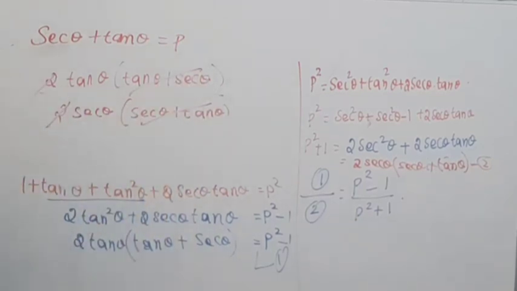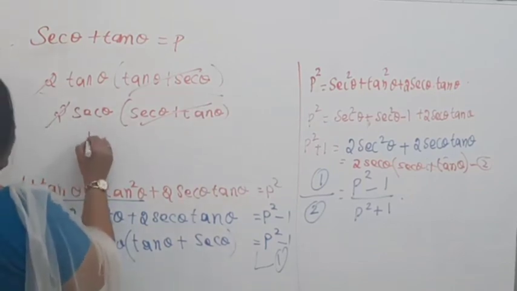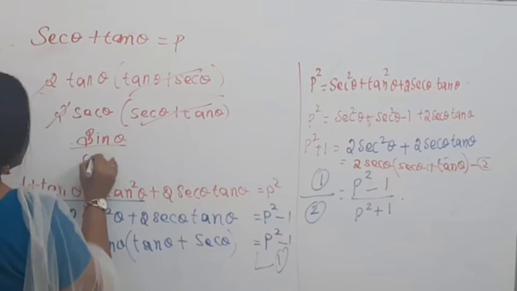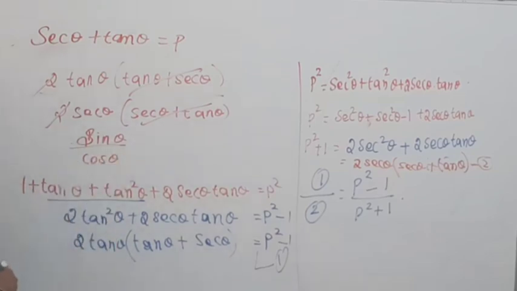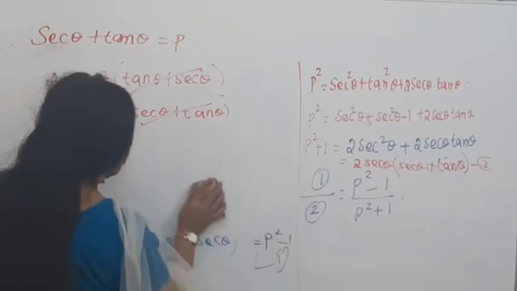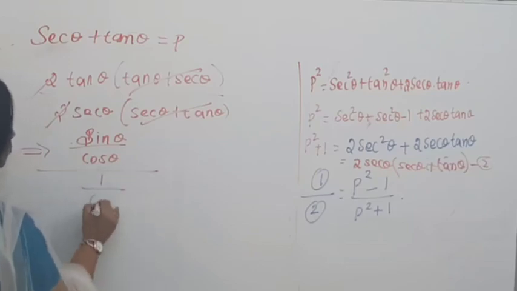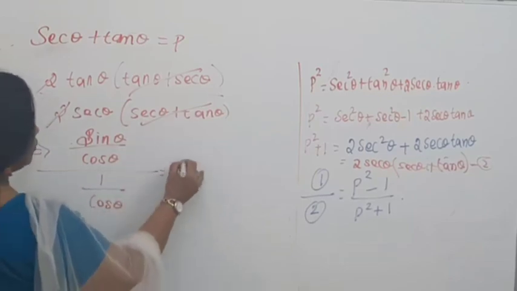So now tan theta can be written as sin theta by cos theta and sec theta can be written as 1 by cos theta. So that cos theta goes to the top. So it can be written as, this implies, whole thing divided by 1 by cos theta. So now how do you write?